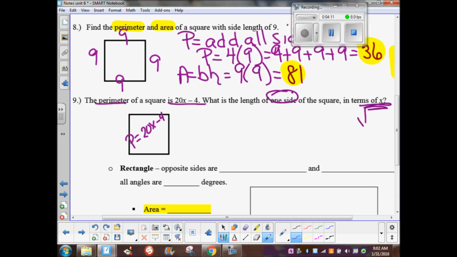Remember we said when it says in terms of x, x will be in your answer. So if my perimeter is 20x minus 4, and it's a square, and all the sides are equal, how am I going to figure out what one side is? This perimeter means all 4 sides added up.